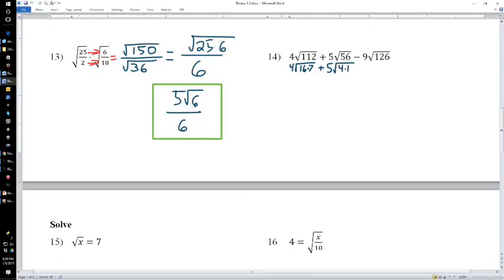I had to think about that one for a little bit. And then last but not least, the perfect square that goes into 126 is 9. It's 9 times 14.